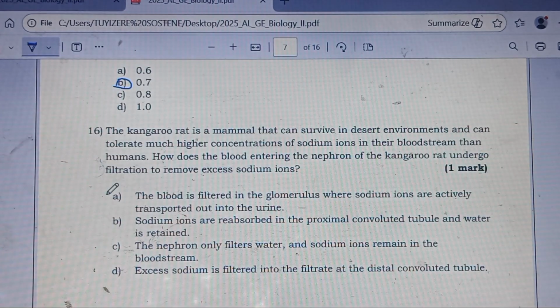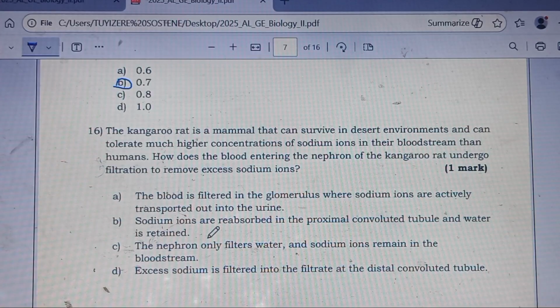Question number 16. The kangaroo rat is a mammal that can survive in a desert environment and can tolerate a much higher concentration of sodium ions in its bloodstream than humans. How does blood entering a nephron of the kangaroo rat undergo filtration to remove the excess sodium ions? It is a multiple choice question. A. The blood is filtered in the glomerulus, where the sodium ions are actively transported out into the urine.